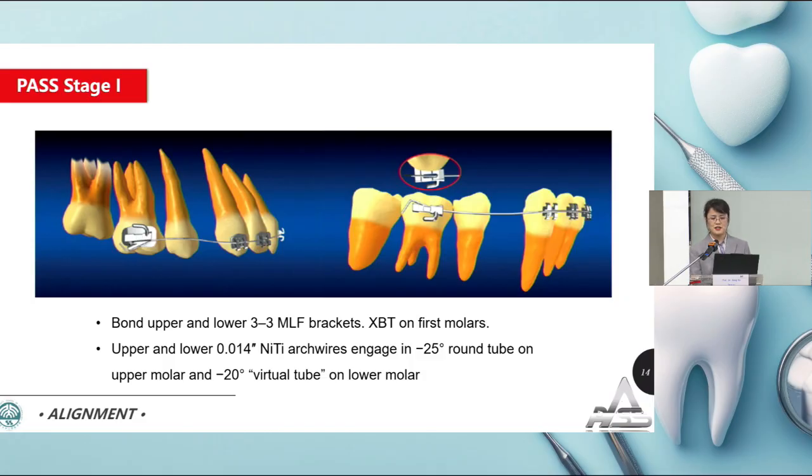When engaging the nitinol wire in the minus 25-degree upper XBT and minus 20-degree lower XBT tubes, a dominant moment will be put on anchor molars for most cases, and this will also protect the molar from forward drifting in the aligning stage.